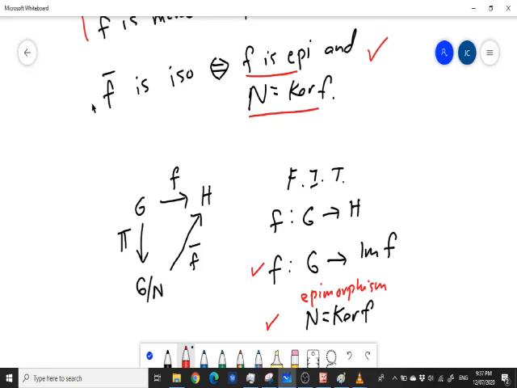Therefore we conclude that f bar is an isomorphism.